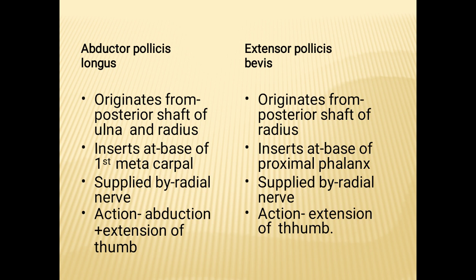Abductor pollicis longus originates from the posterior shaft of the ulna and the radius, and inserts at the base of the first metacarpal. It is supplied by the radial nerve, and its action is abduction and extension of the thumb. As the name suggests, it abducts the pollicis. Pollicis means thumb.